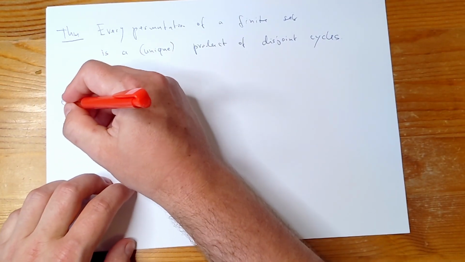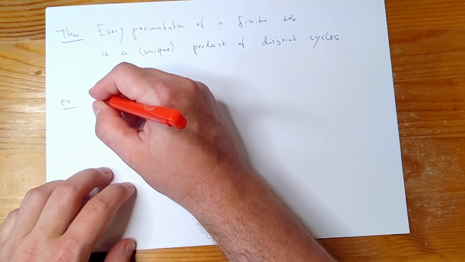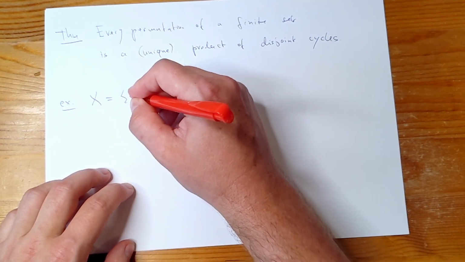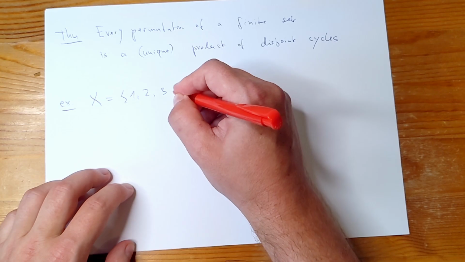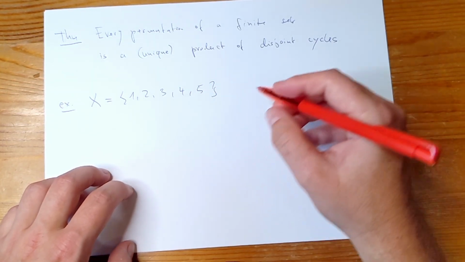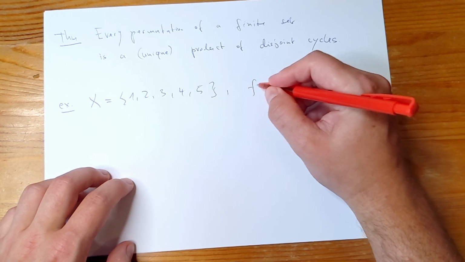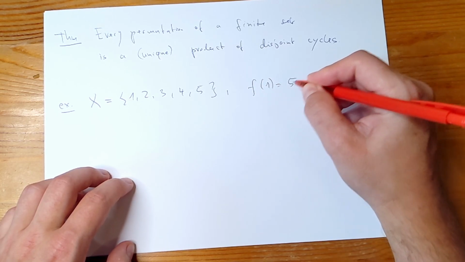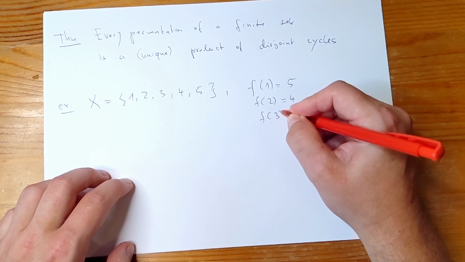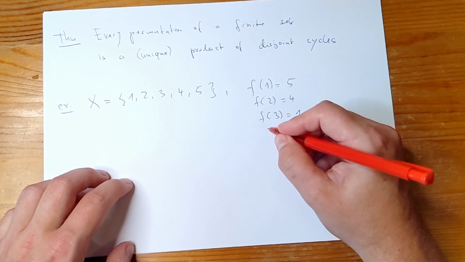So for example, let's say I have the set X and it consists of the numbers 1, 2, 3, 4, 5. And let's make a map like this here. I just try to randomly generate a permutation.